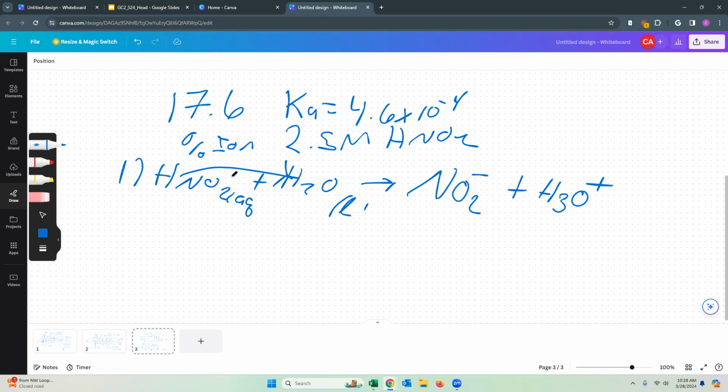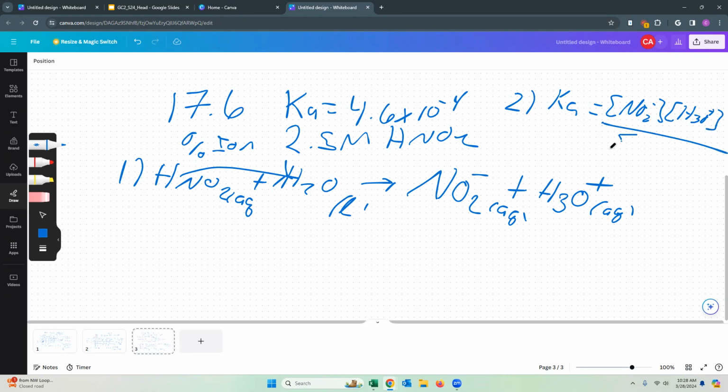From there, we can write our Ka. So that should be our second step. Aqueous, aqueous. So NO2 minus H3O plus over HNO2. Remember, water is a liquid, so we don't have that.